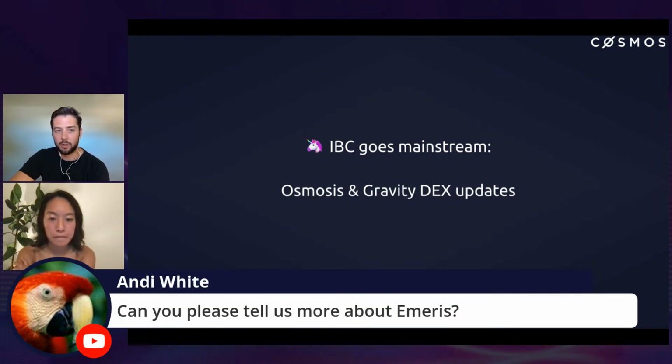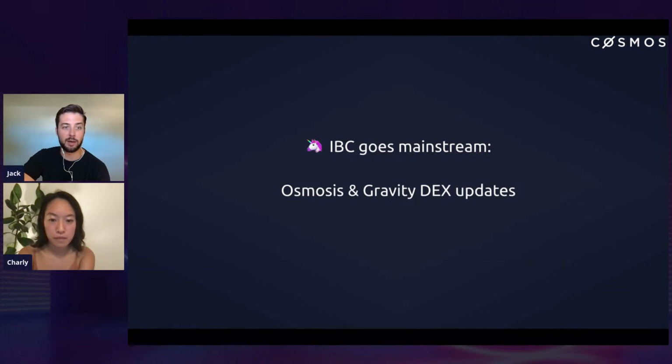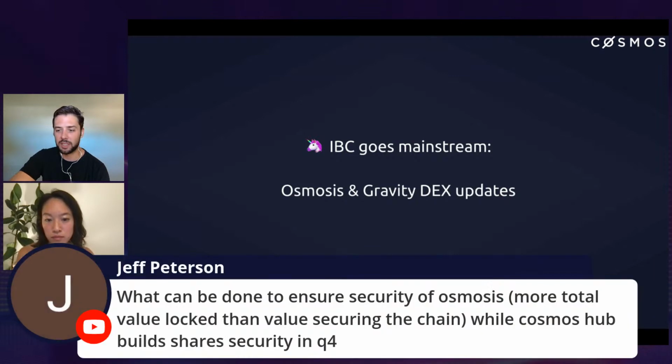One really interesting question that goes to some drama in the Osmosis community recently. Jeff Peterson asks, what can be done to ensure security of Osmosis while Cosmos Hub builds shared security in Q4? My thinking has changed quite a bit on this, especially over the last couple of weeks. The value locked on Osmosis also includes the value locked in the liquidity pools.